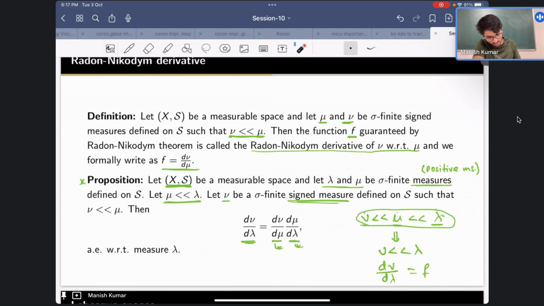The main thing to note is that these two quantities are measures, while nu can be a measure or a signed measure as well. So that's all about the Radon-Nikodym derivative. We'll see some examples later on. I hope this is clear so far.